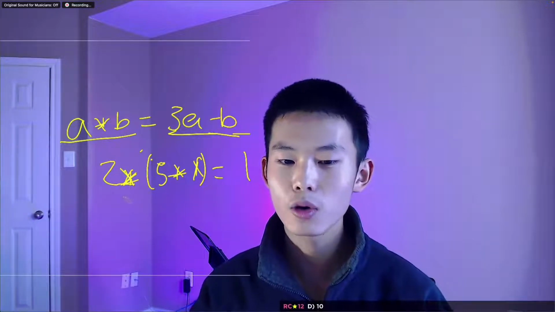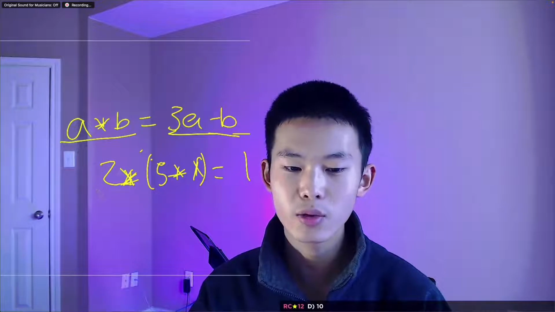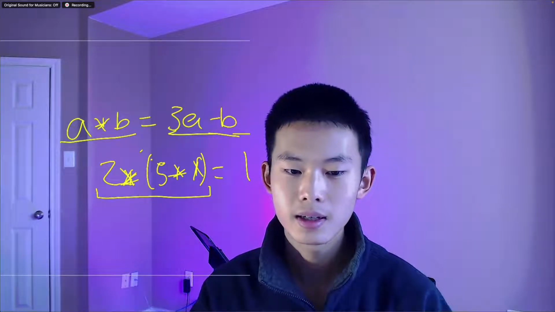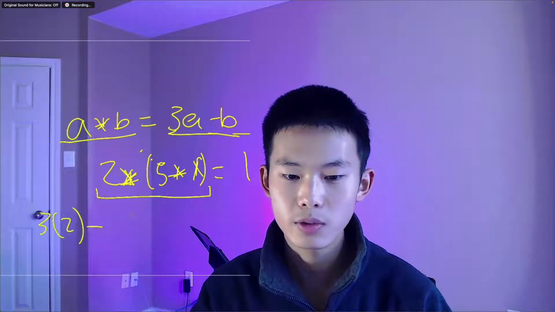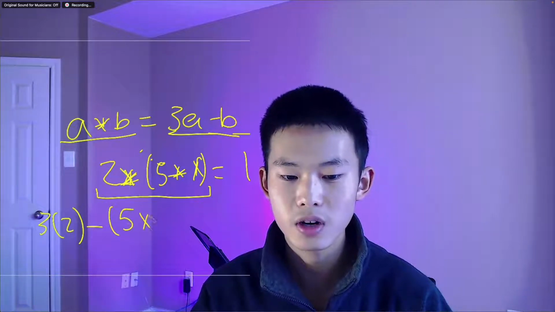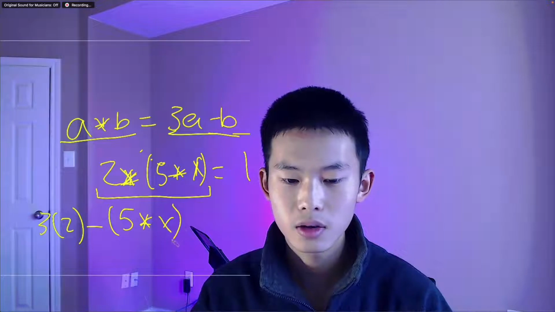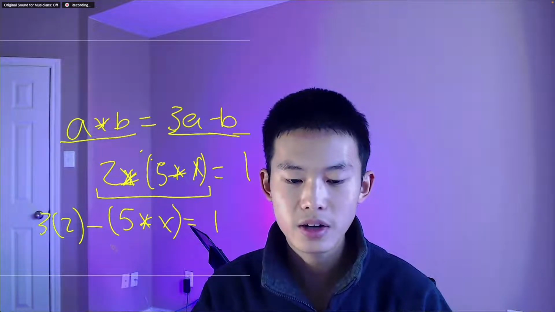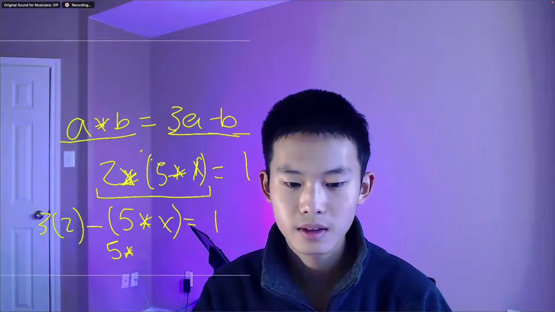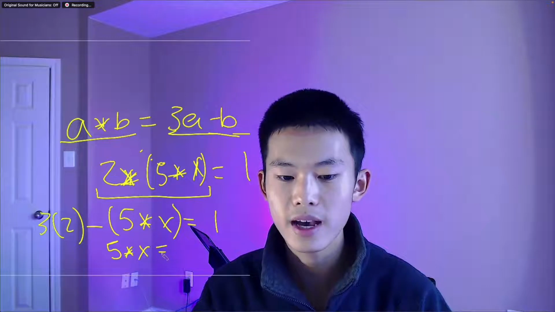Anyway, remembering our order of operations, we want to do the largest term first, right? So this is going to be 3 times 2 minus b, where b in this case is 5 star x equals 1. So we can convert this: 5 star x is going to be 3 times 2 minus 1, which is 5.